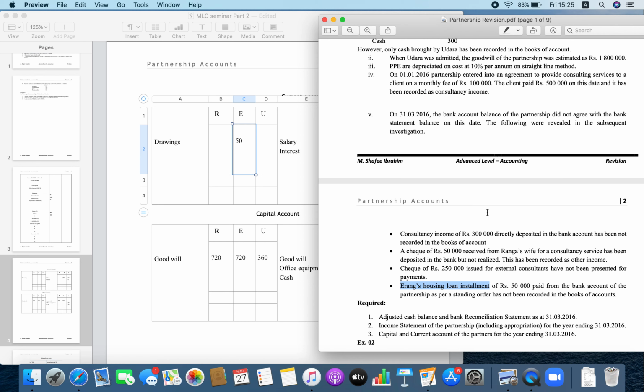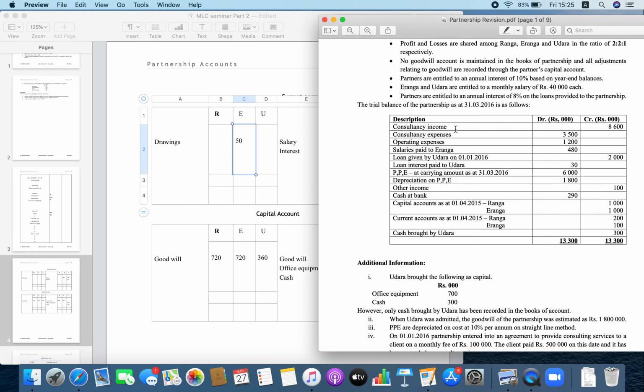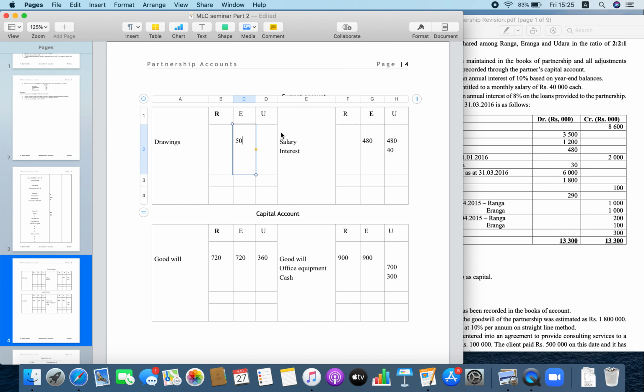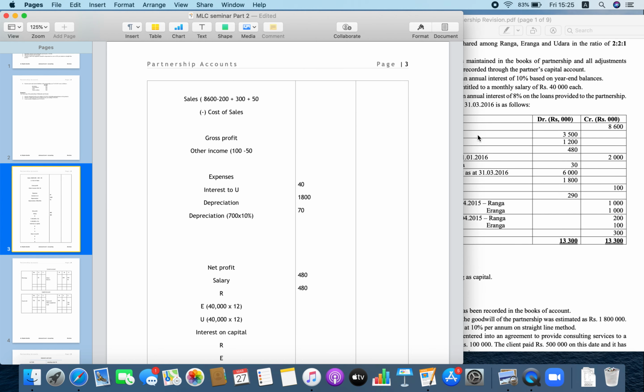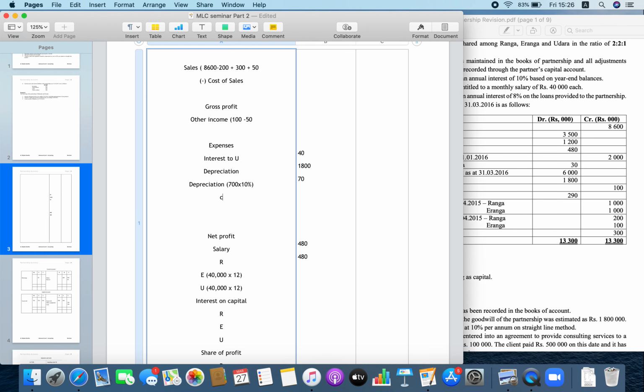So guys, with that one we have finished off all our adjustments over here. Now guys, let's start copying, but remember we still have this 10% to be done based on year end balances. So number one, consultancy income I have already taken to my income statement, as you can see over here. Consultancy expense, directly go and mark this under expenses.